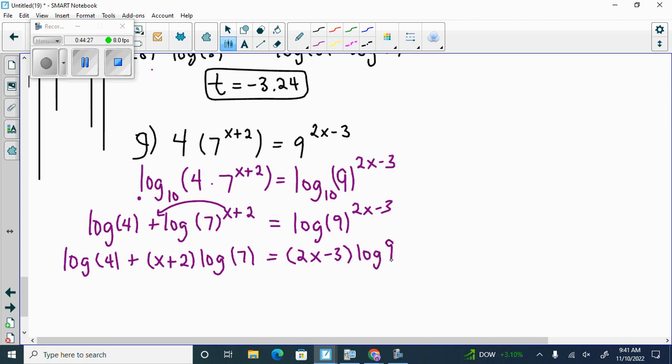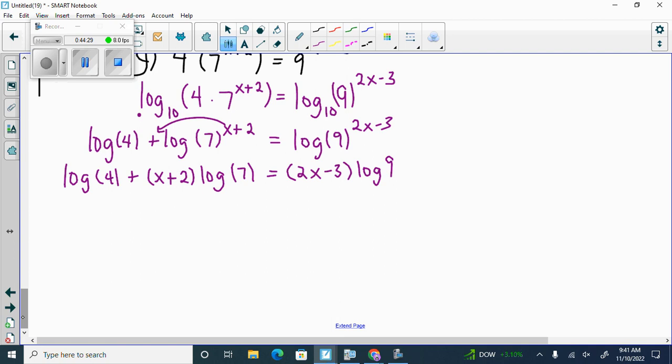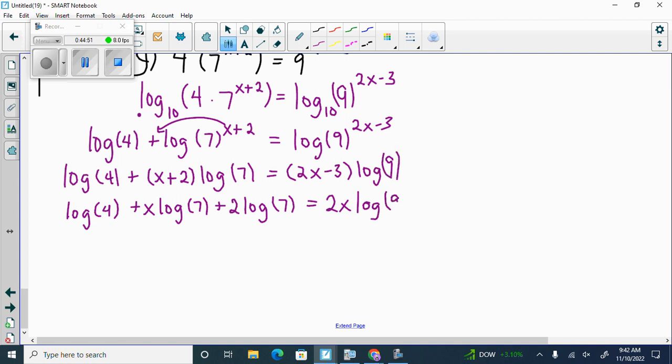Etch a sketch writing is just so awesome. Log 4 plus x log 7 plus 2 log 7 equals 2x log 9 minus 3 log 9. I'm going to subtract the x log 7. You could subtract the other one, but then you have to subtract 2.